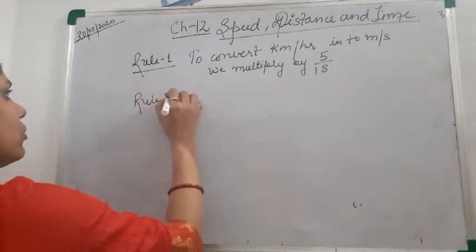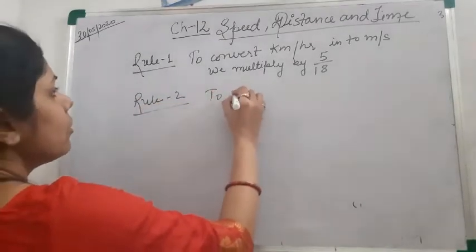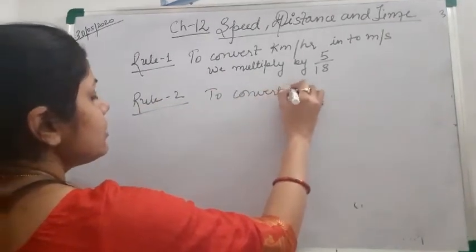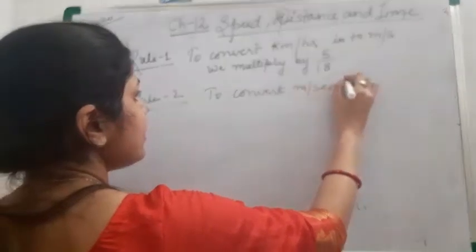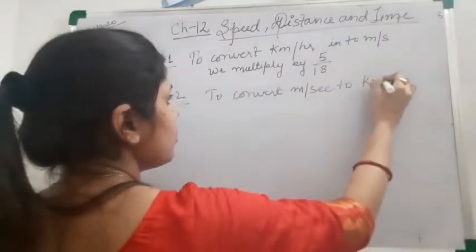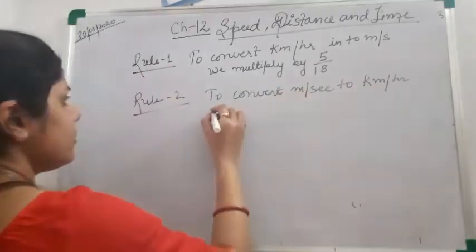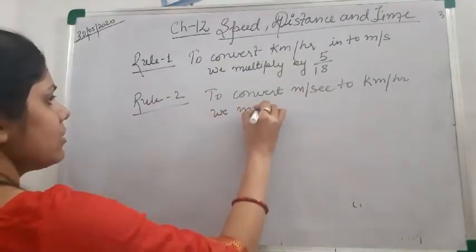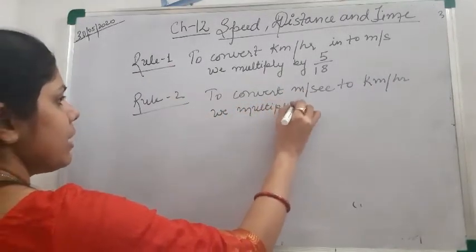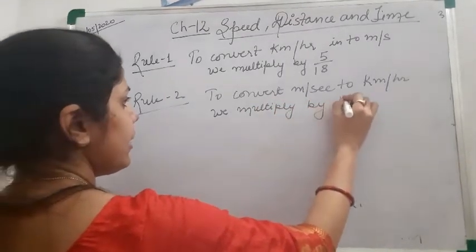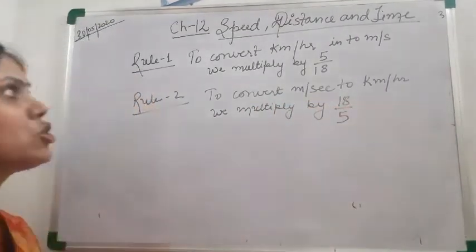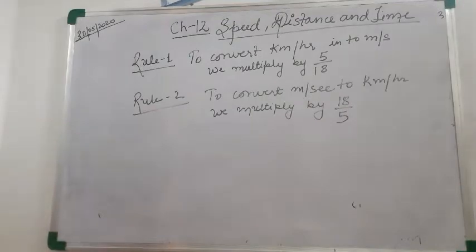And rule 2: to convert meter per second to kilometer per hour, we multiply by 18 upon 5. So, to convert kilometer per hour into meter per second, we multiply by 5 upon 18, and to convert meter per second to kilometer per hour, we multiply by 18 upon 5.